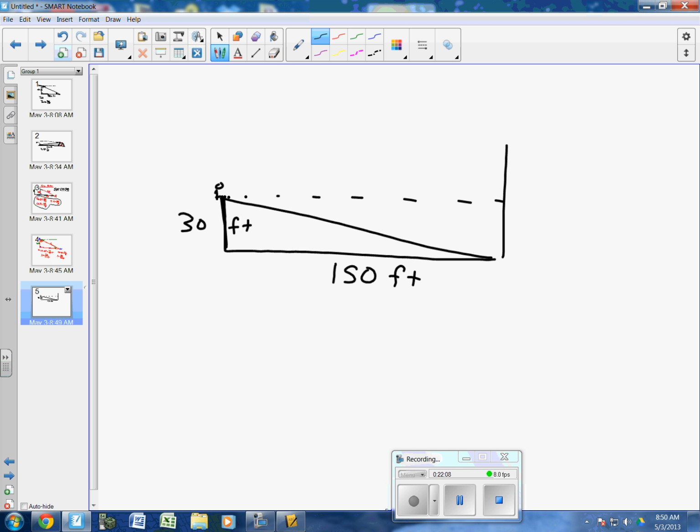And the angle of depression, you guys, is this angle right up here, isn't it? Which is the same as that angle down there, right? Same problem as before. Opposite and adjacent, which would be which thing? Tangent, right?